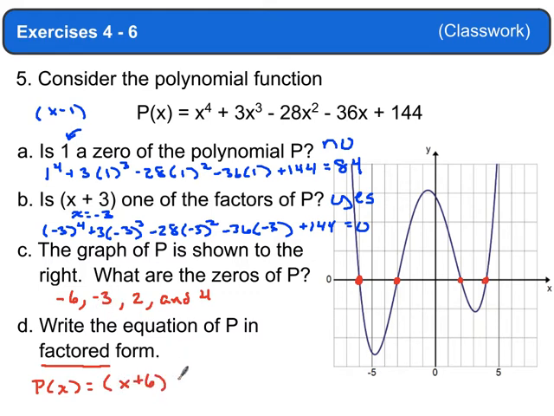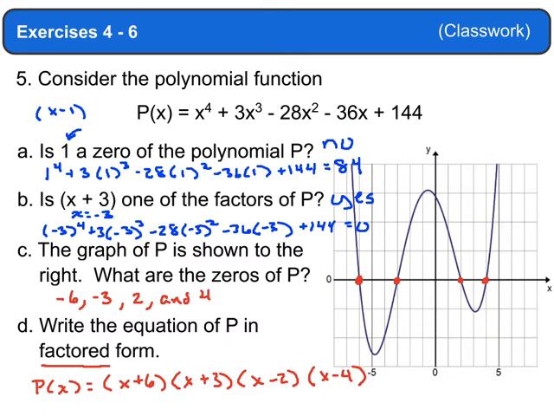We're going to change this -3 to a factor by saying x plus 3. We'll change this 2 to a factor by saying x minus 2. And we'll change this 4 to a factor by saying x minus 4. This would be the equation written in factored form. We don't need to multiply these together because they didn't ask us to write it in standard form. They just said factored form.